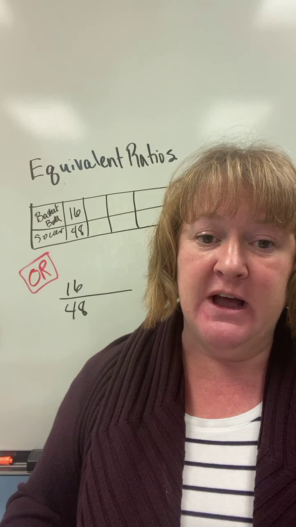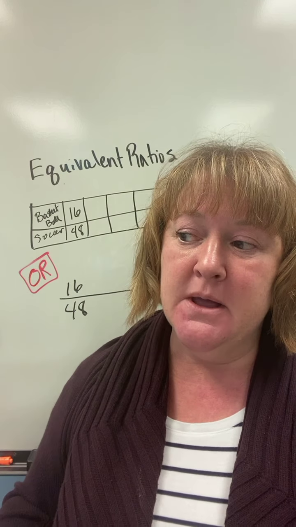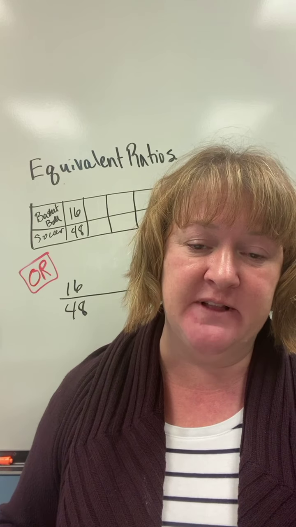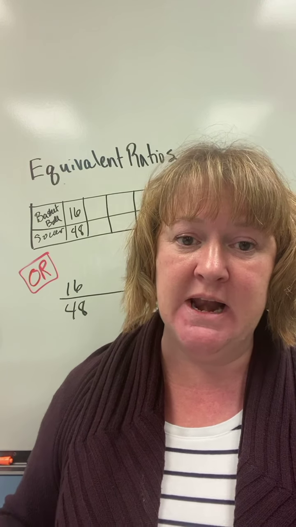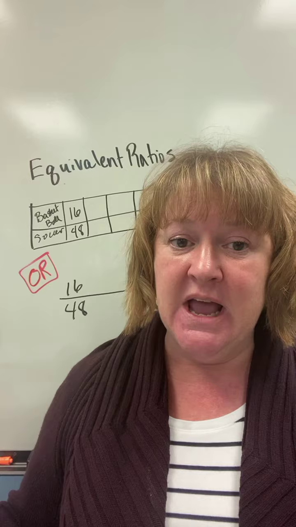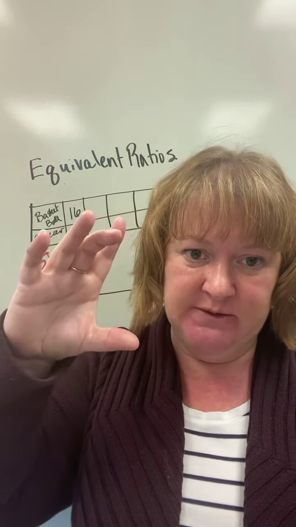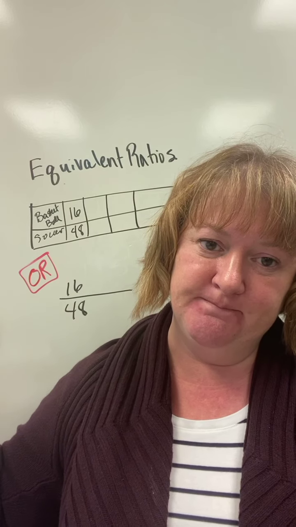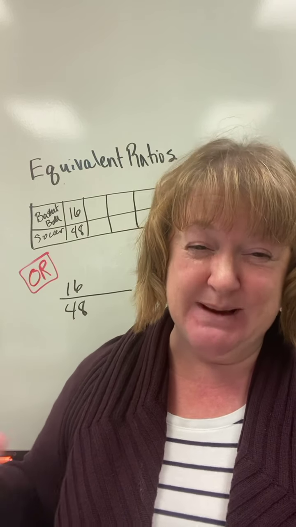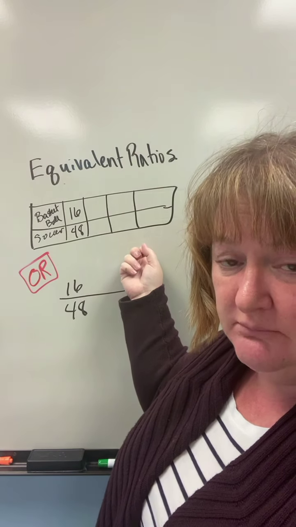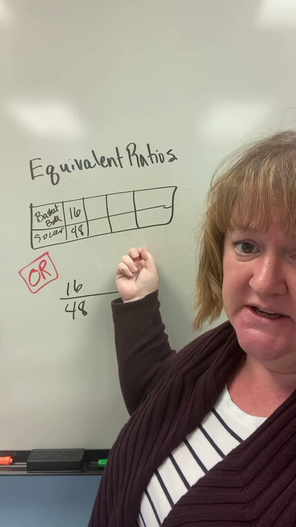So if I am making brownies and I have 2 cups of flour for every cup of sugar and I want to make multiple batches, I can't change that ratio. It has to be the same relationship between those two measurements.